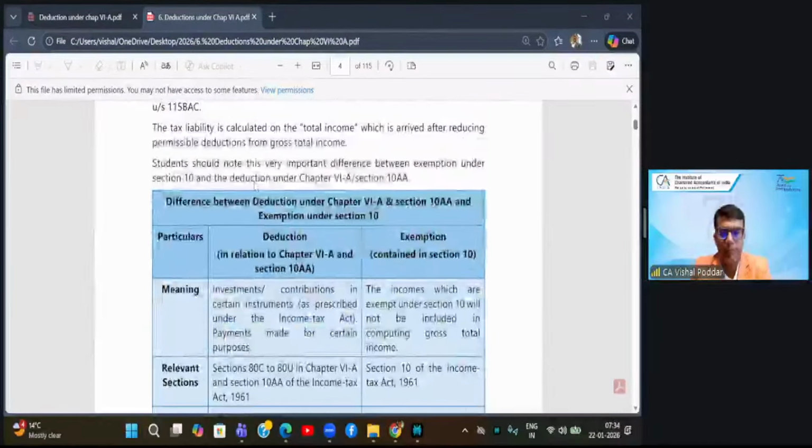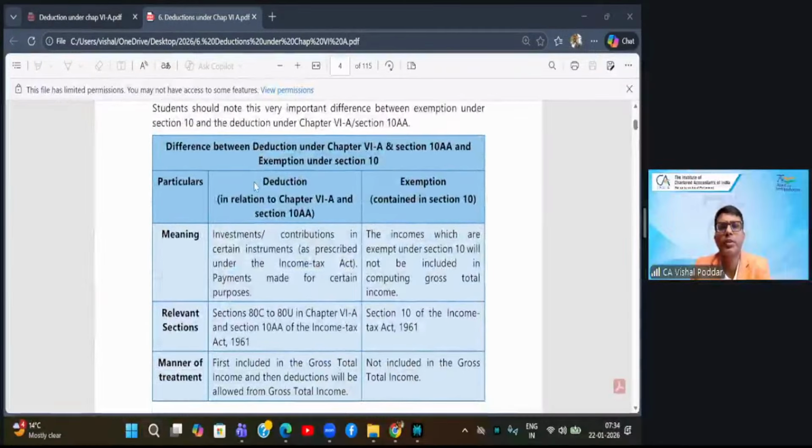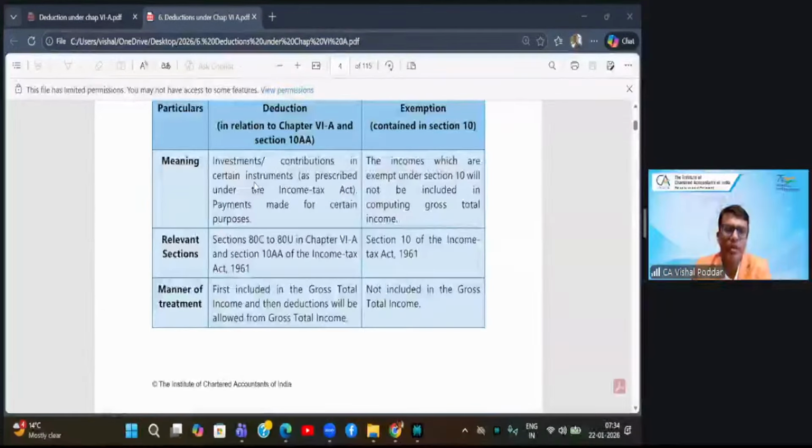Okay. Now there is a differentiation given between Chapter 6A deduction, 10AA deduction, versus Section 10. I've already explained this. In these chapters where you are studying deductions, you first compute your income under the respective heads, and only after you make certain payments, deposits, investments, you are given the deductions under Chapter 6A. Or if you are in an SEZ, you are given deductions on your export profits.